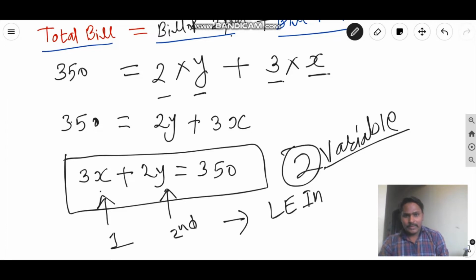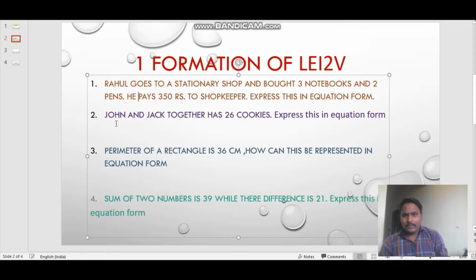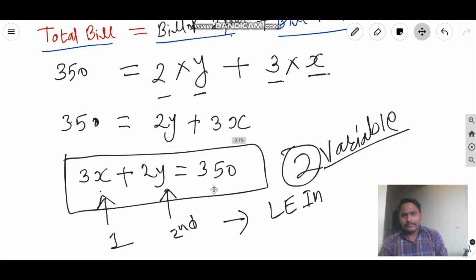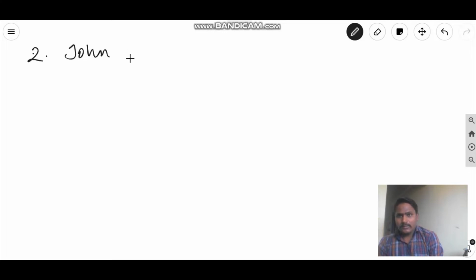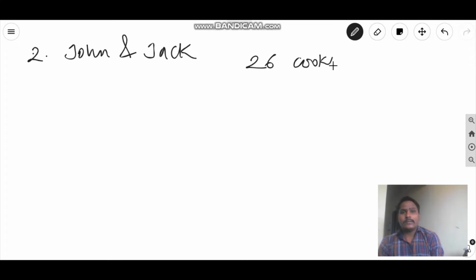Now we will move to our second example, and that is: John and Jack together have 26 cookies. Express this in equation form. In this example, John and Jack are the two boys, and they have 26 cookies in total.